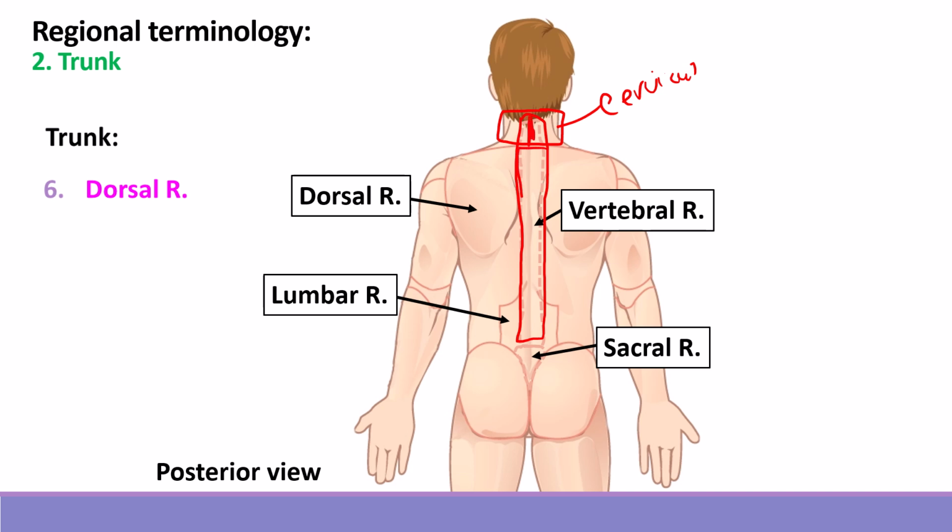This region here that is composed by the chest, all the vertebrae that are located here, they're going to be called thoracic vertebrae. And the lower back, the vertebrae that are located here, they're going to be called lumbar vertebrae. So vertebral regions describe the regions where the vertebral bones are located.